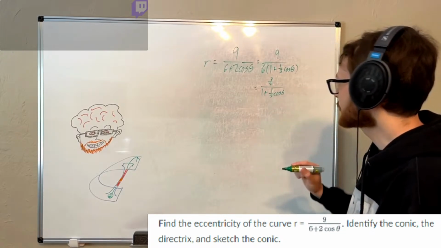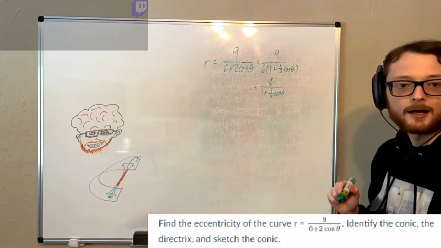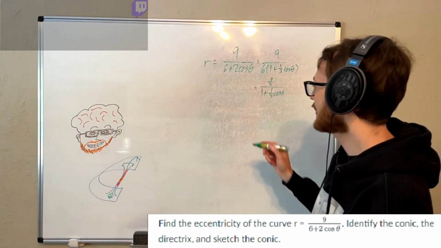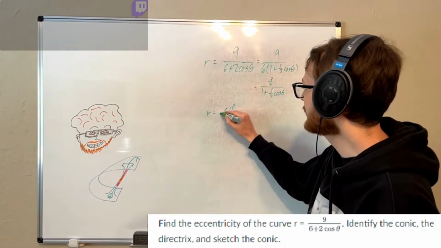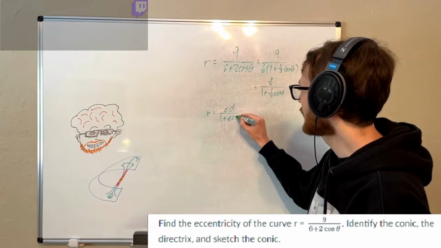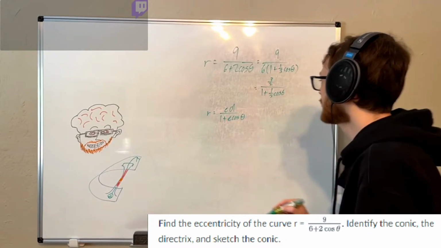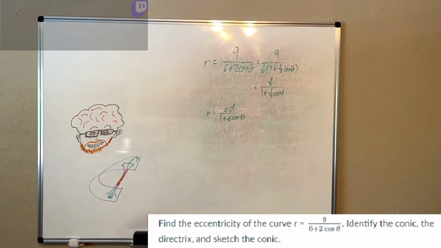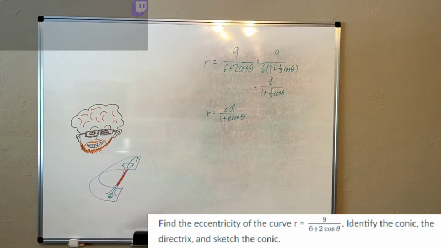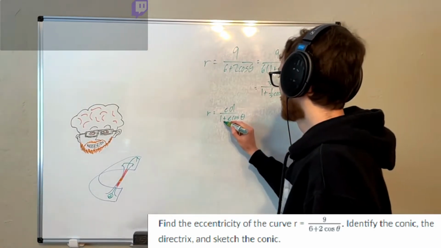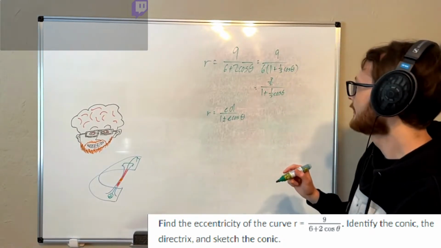And I'm writing in such a strange way because we're given this general form of r equals ed over 1 plus e cosine theta, I believe. Make sure I got that part right. Yeah, plus or minus, and so here we have the plus case.